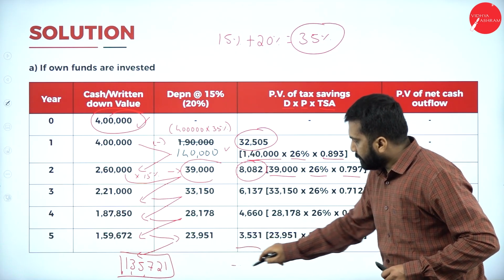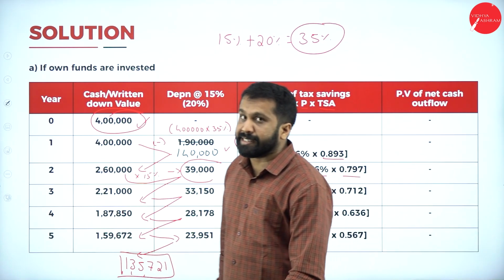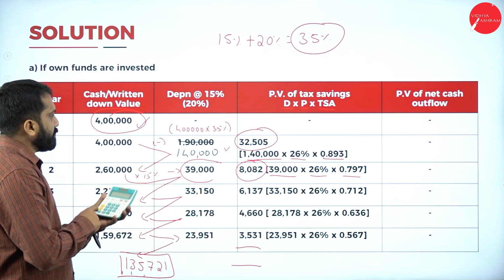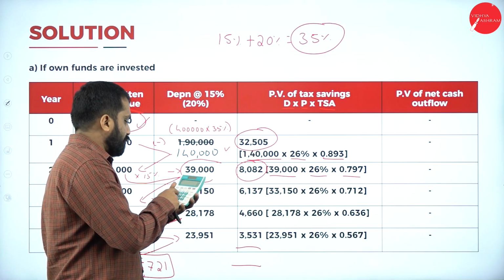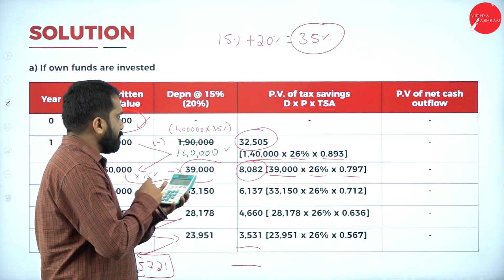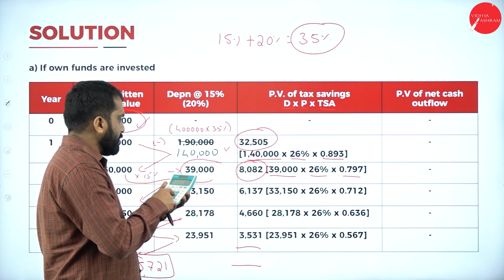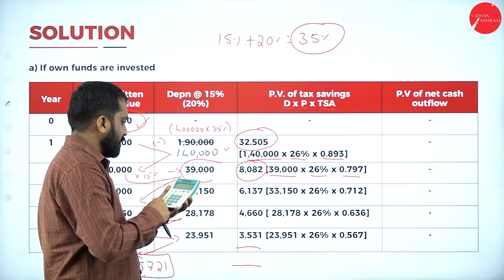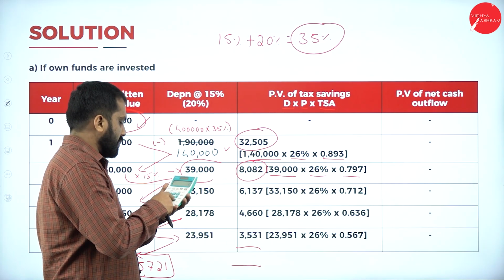Now total this. These are your tax saving. Now, if you calculate total 32,505 plus 8,082 plus 6,137 plus 4,660 plus 3,531.